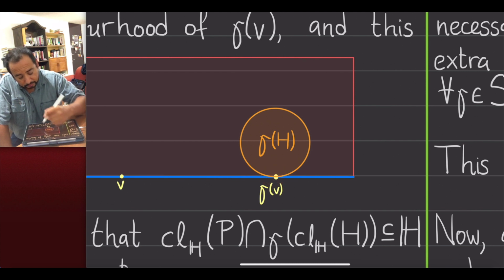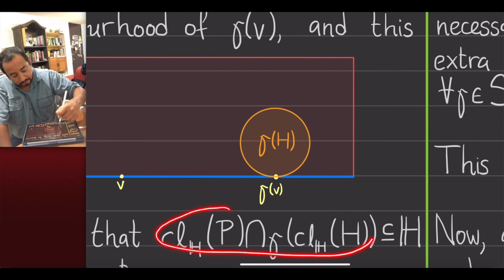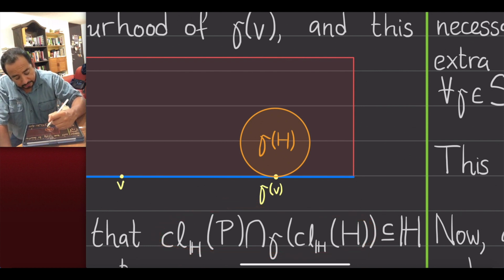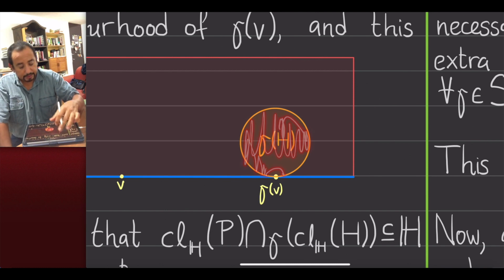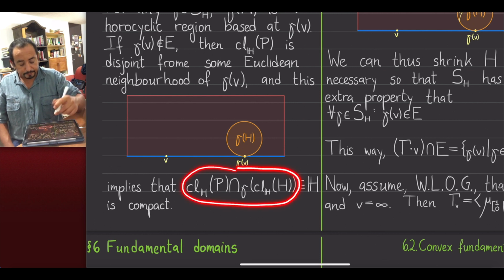So this intersection is contained in this compact set. So now it's compact. Even though this one is not compact, I still know that this is compact.